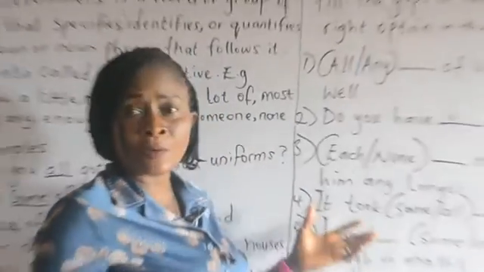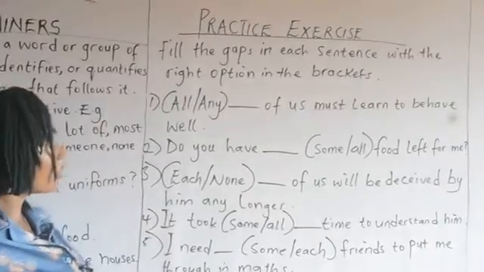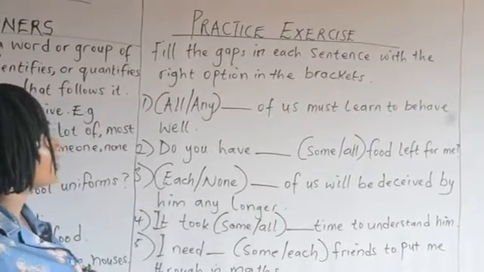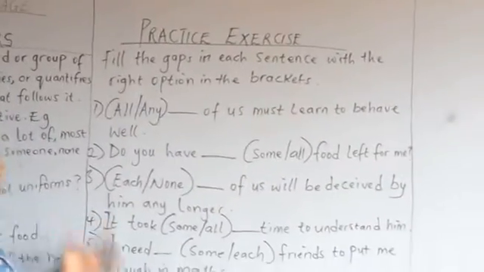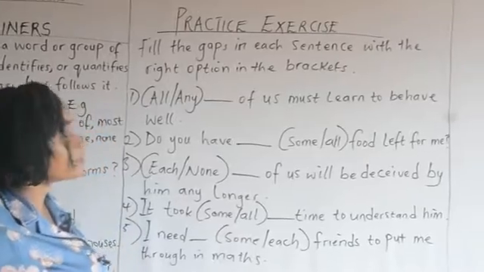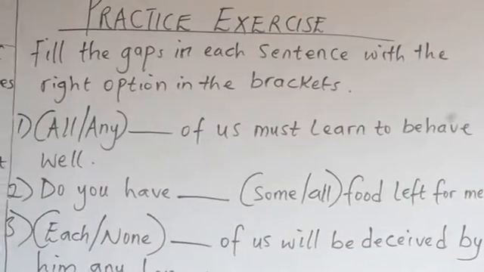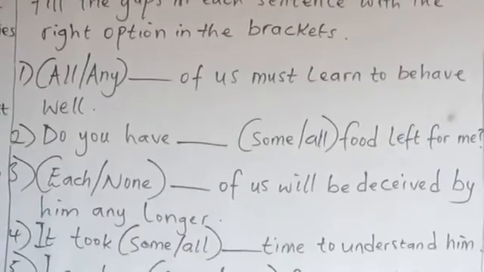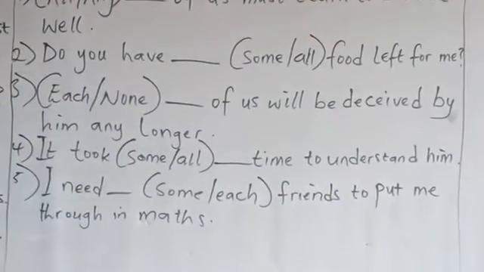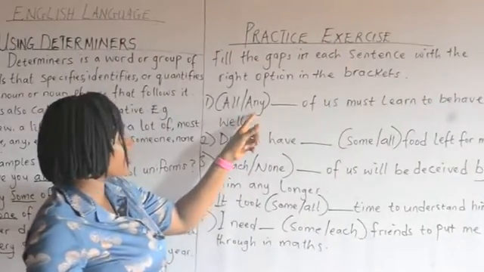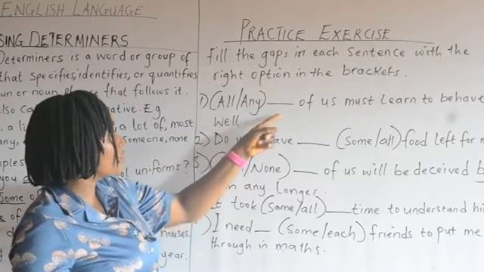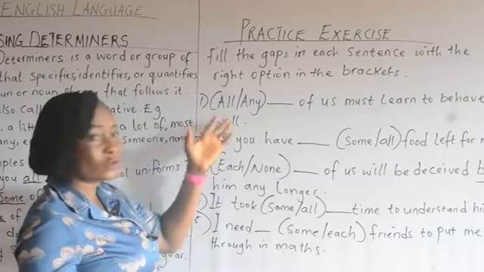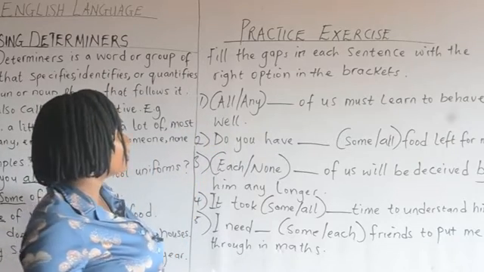Good. So you have some practice exercise for your own good. Please practice this exercise. You have to fill the gaps in each sentence with the right option in the brackets. Number 1, the word in the bracket is or and any. So you have to choose from the two, the most suitable, the best for this sentence. The one you know is the right determiner for the sentence.